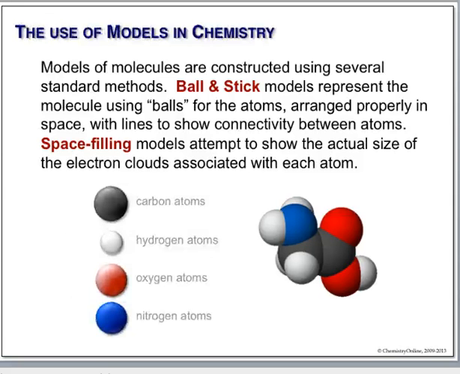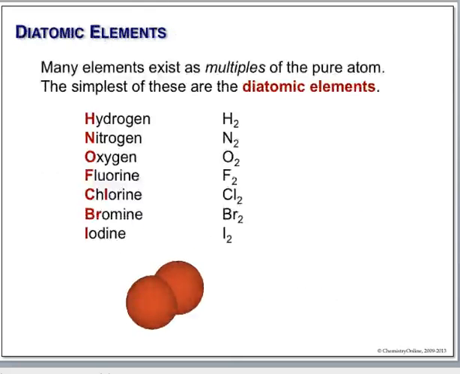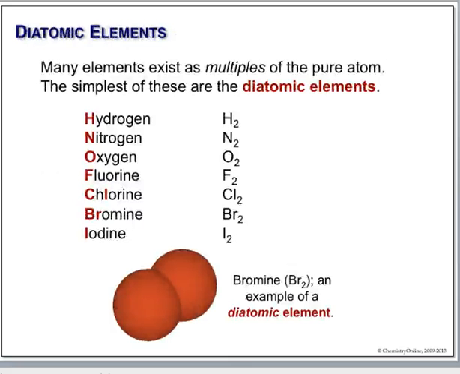Bromine will be brown. Whatever. Remember, there are a number of diatomic elements we must remember. All the halogens. Then oxygen, nitrogen, and hydrogen. This is space filling for bromine. It's brown. It's Br2. And again, it's just 2 balls stuck together.